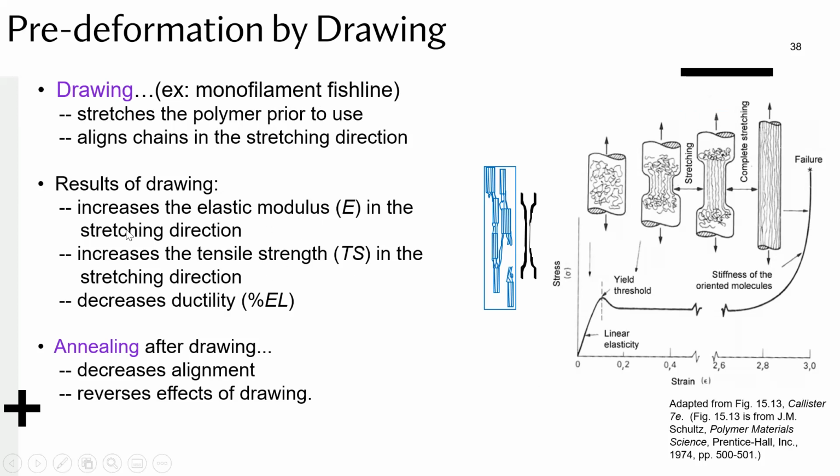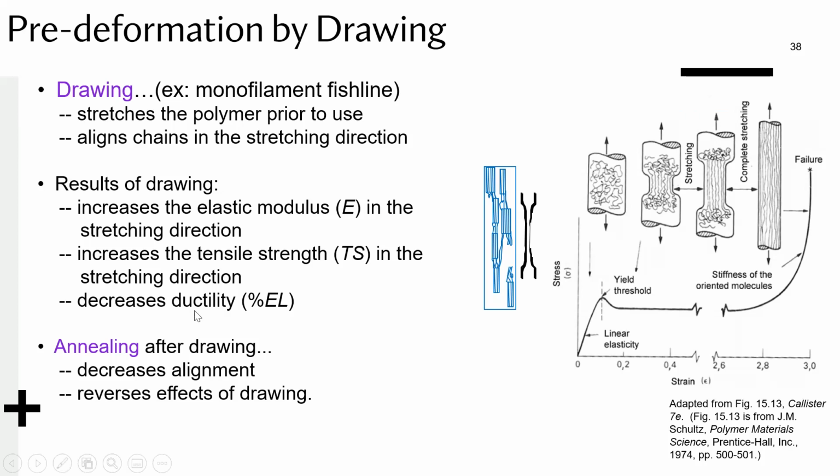So this process increases both the elastic modulus and the tensile strength, but of course it decreases ductility. What happens is that you've already stretched it quite a lot, and so you can't really go any further.